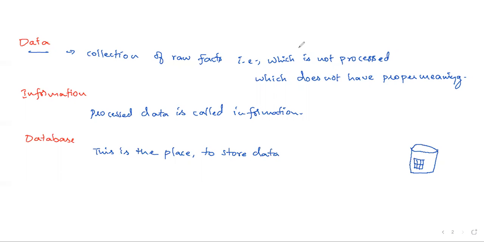Then what is DBMS? DBMS is a software which is used for storing the data, performing modifications to the data, or retrieving the data, by using some particular language.